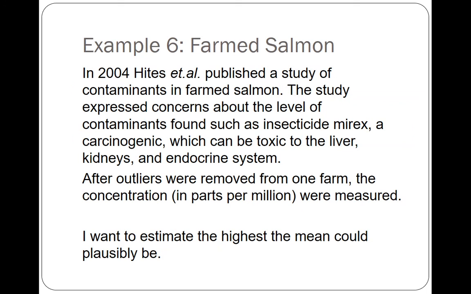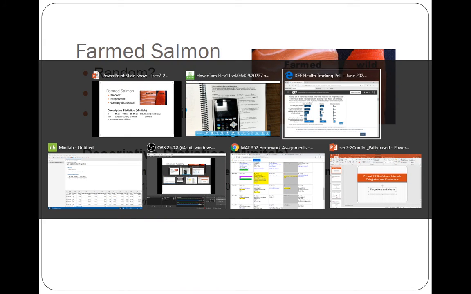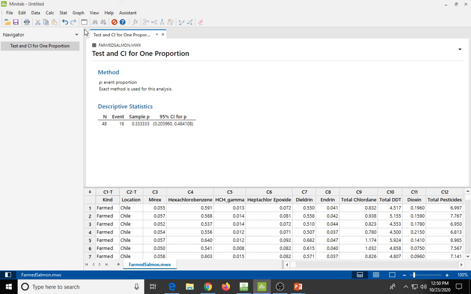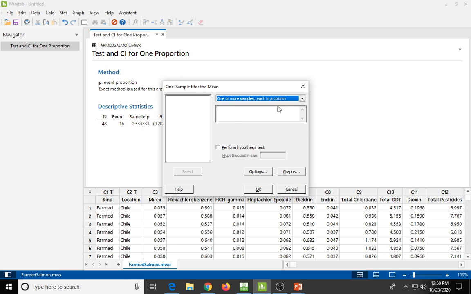Oh, I was going to show you about farm salmon. Essentially, it's very easy to calculate on Minitab. All you have to do is go to Stat, Basic Statistics, in this case, 1-Sample t, and I'm going to say within a column.